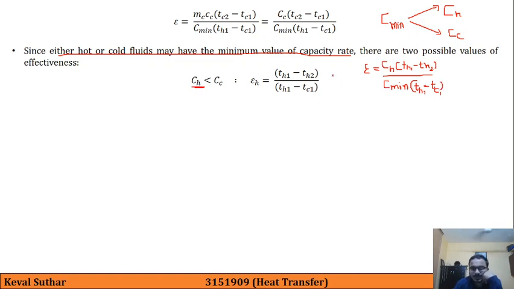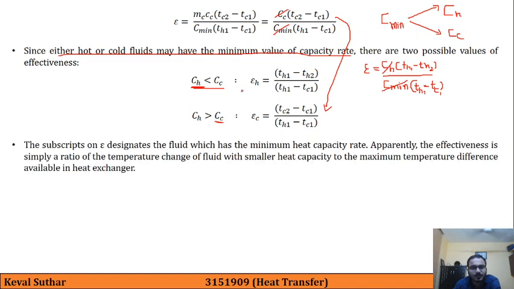So in this case the value of C minimum is CH, that is CH is less than CC. So this will get eliminated because C minimum itself is CH. So now we are only left with TH1 minus TH2 divided by TH1 minus TC1. Similarly, if CH is greater than CC, then it will be based on this formula, where CC and C minimum will get eliminated because here we have CC as C minimum.